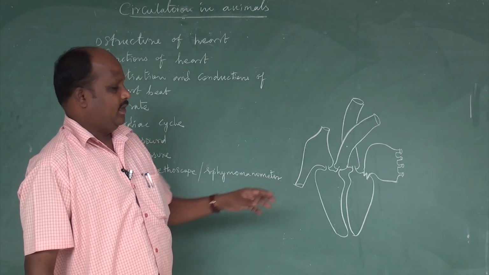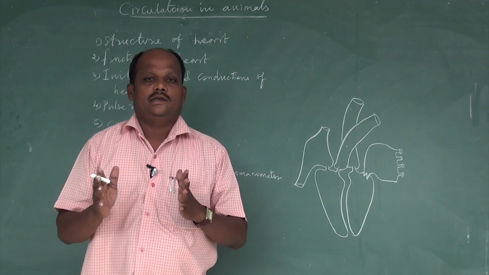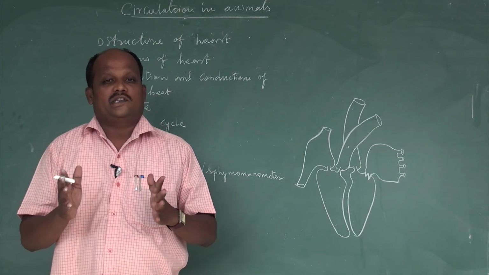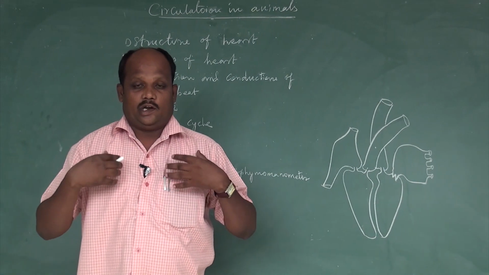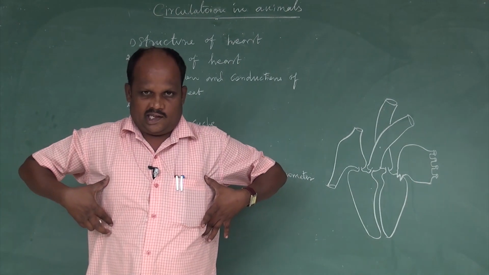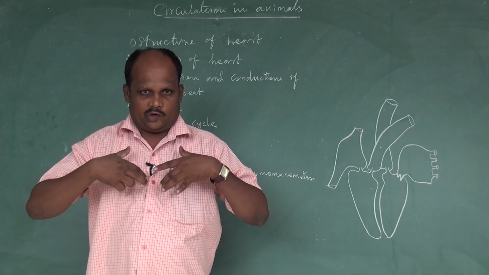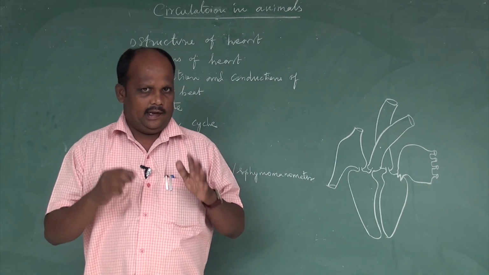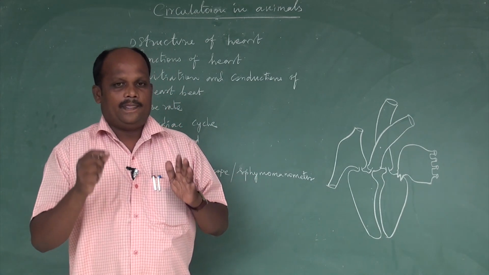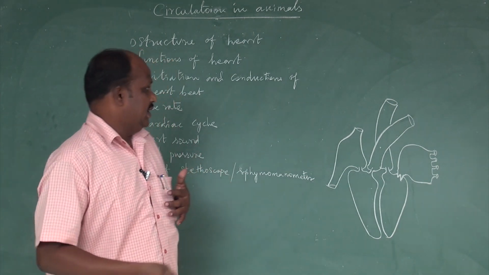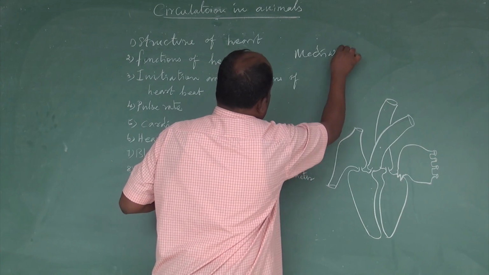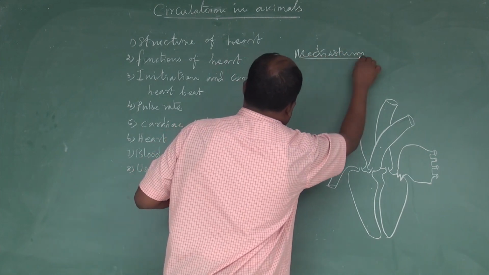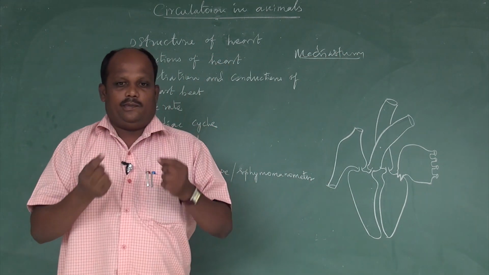I am going to explain. The heart is located in the mediastinum. In our body there is the thoracic cavity, which is occupied by the lungs. Between the lungs there is a small space, and that space is named the mediastinum.